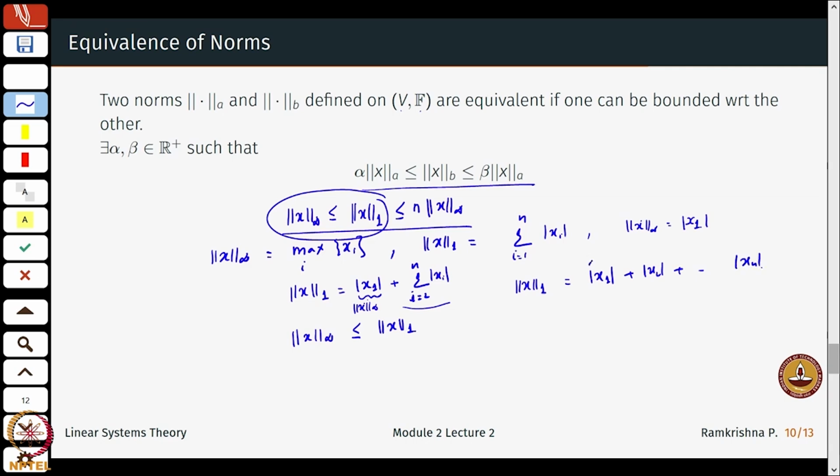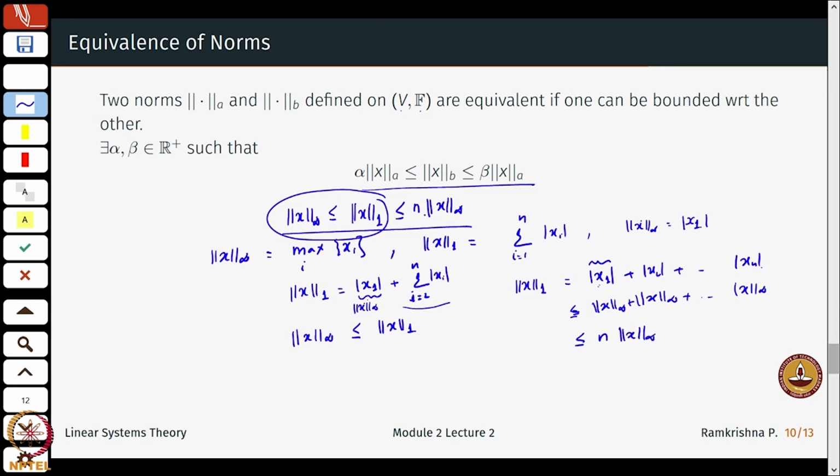I assume that this is the infinity norm, so I can just write this as the infinity norm of x, and I know that this is the largest or maximum value, therefore all others will be less than or equal to the infinity norm. So, everything will be just the infinity norm of x, and therefore this is less than or equal to n times the infinity norm of x, right.